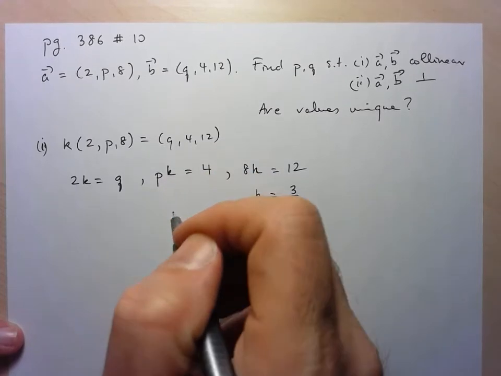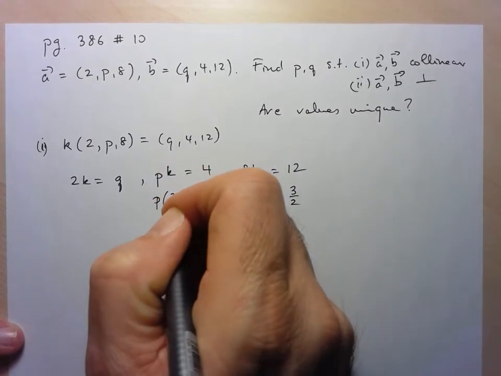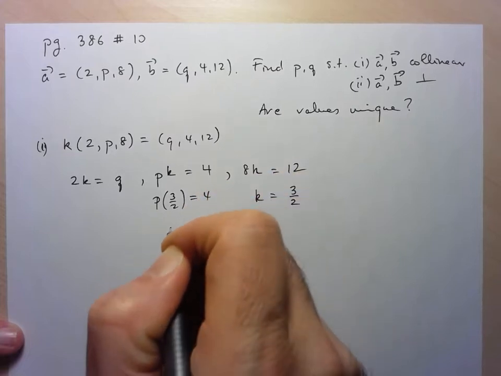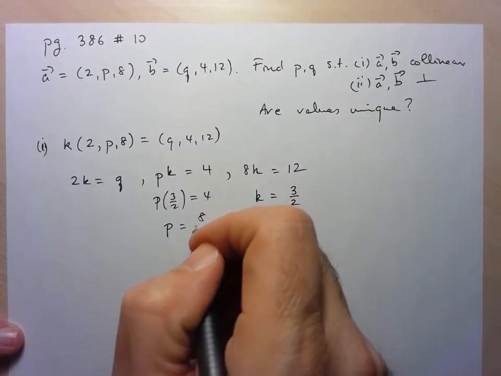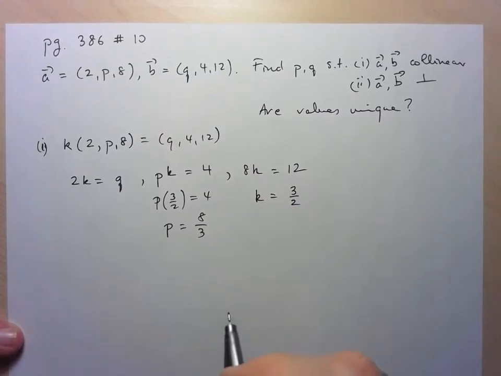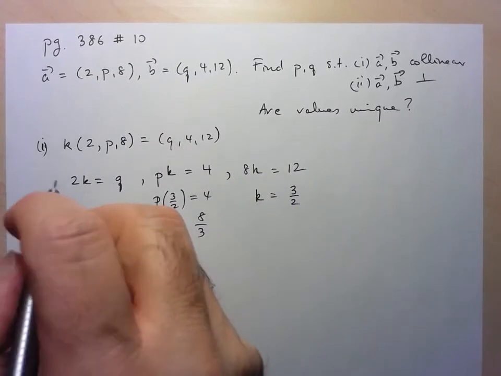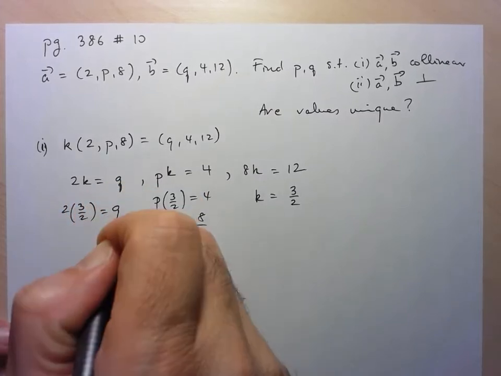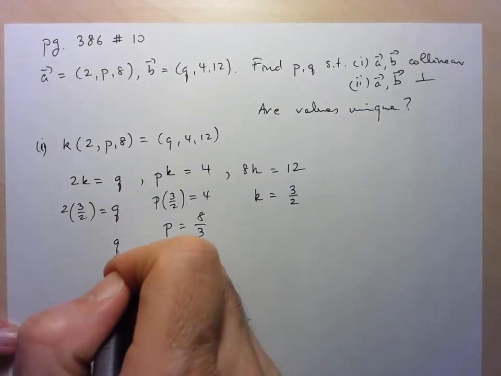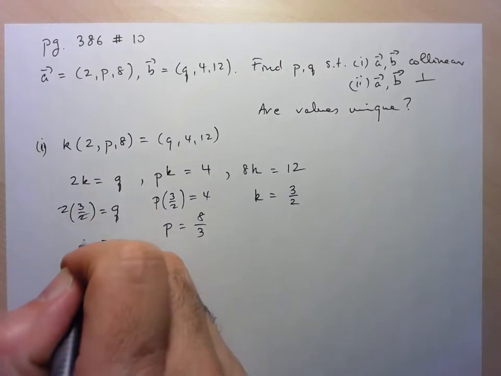If I have p times 3 over 2, that needs to be equal to 4. So p is 2 times 4, which is 8, divided by 3, so 8 over 3. And here 2 times k, which is 2 times 3 over 2, needs to be equal to the q value, and so q needs to be equal to 3.